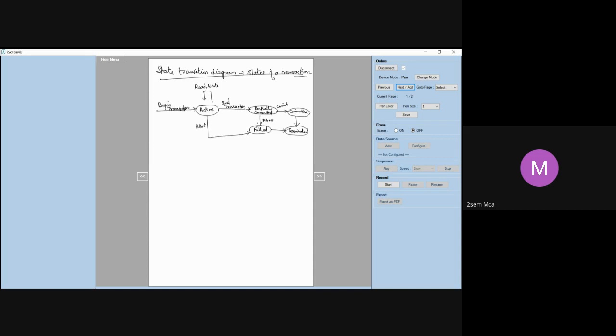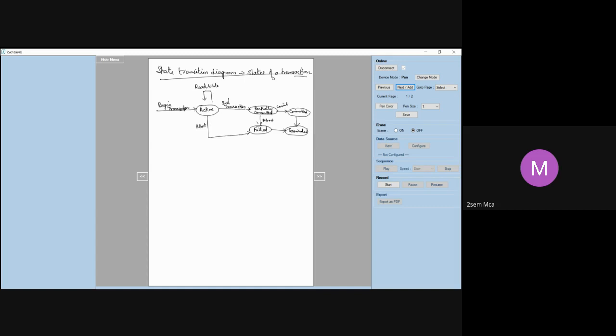So similarly, a transaction will also have a state transition diagram which describes how a transaction moves through its execution states. That means from when a transaction begins its execution till the time it terminates, what are all the different states that a transaction undergoes? That is what we are trying to show here.